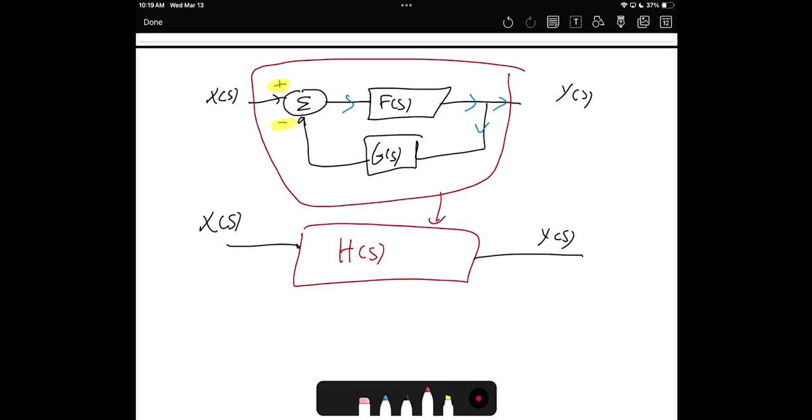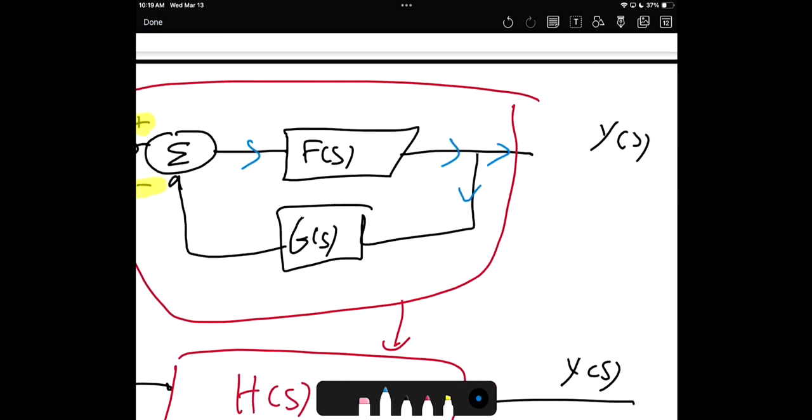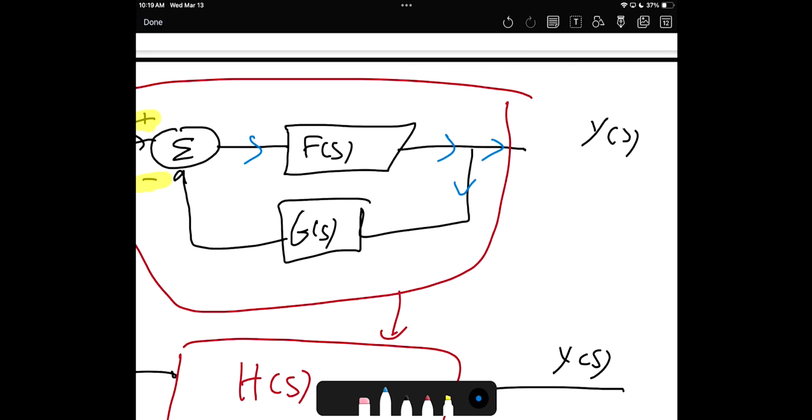Then our target is how to find the transfer function to make it only the relationship between outputs over inputs. How to find this? That's the way that you need to think about it. Then assume here, this is y of s, right? Then look at the arrow. Here it is y. After g, it will be y times g, right?